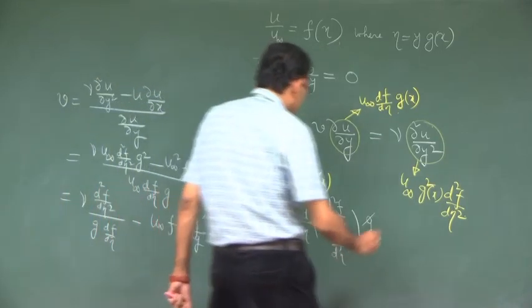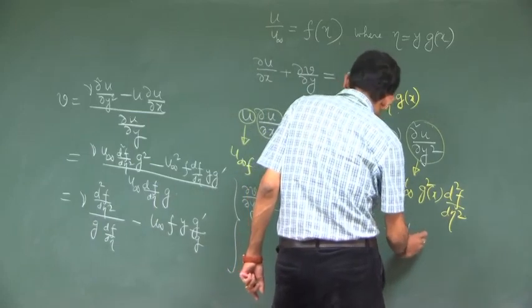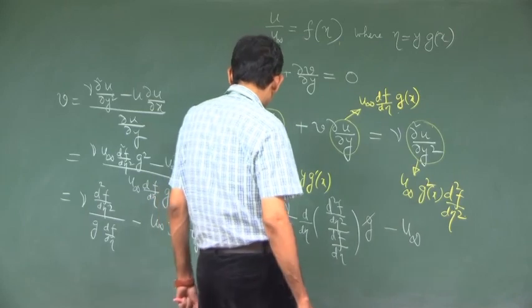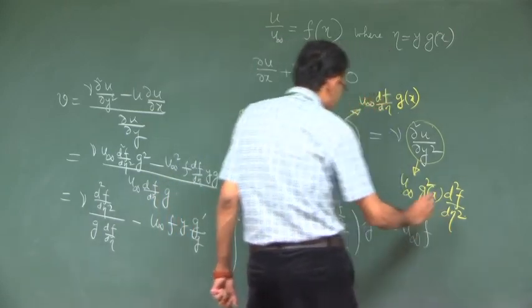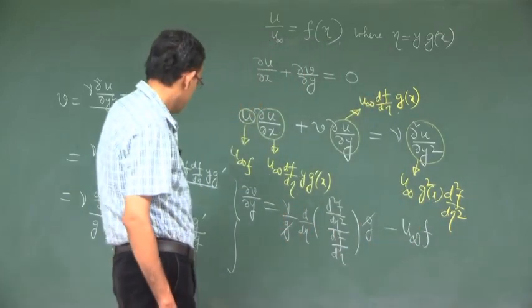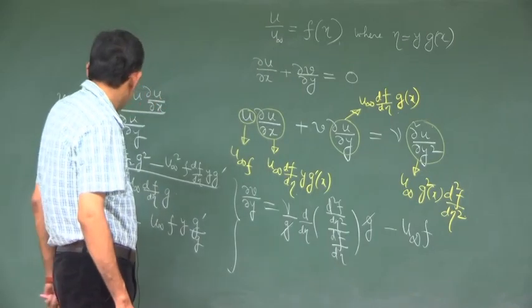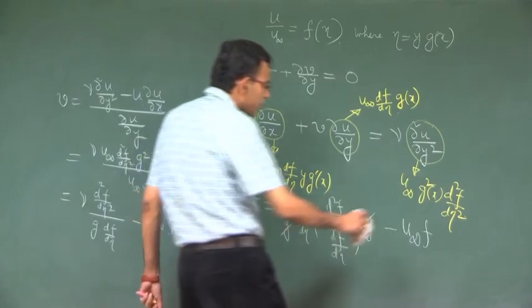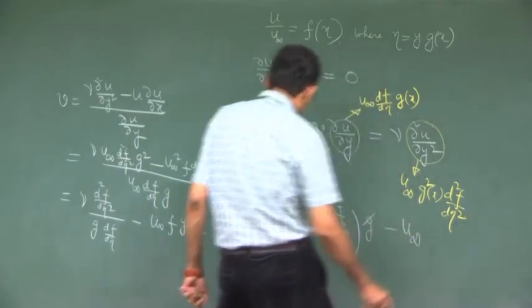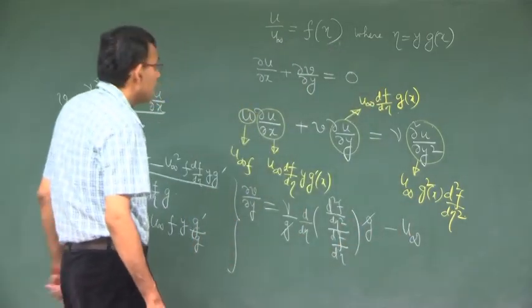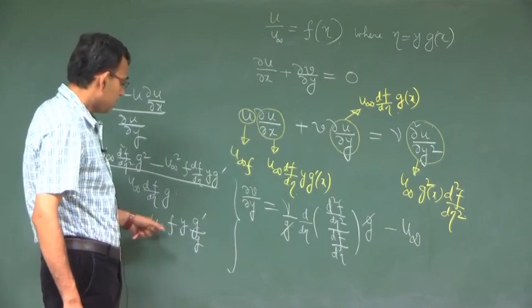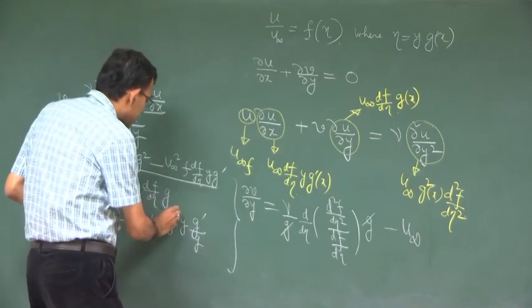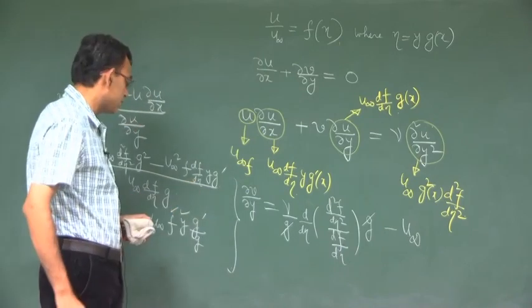Then minus u infinity f, the derivative with respect to y, if you write, then there will be two terms, because this is a function of y and this is also a function of y.